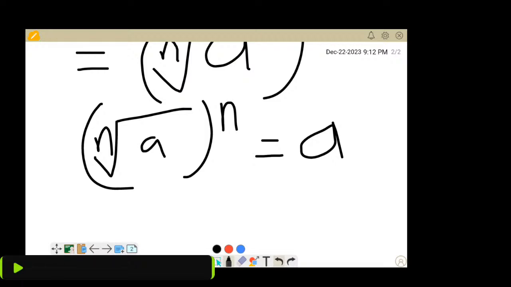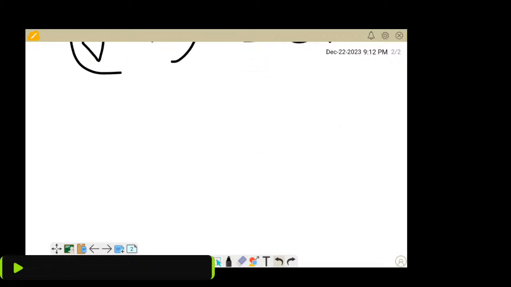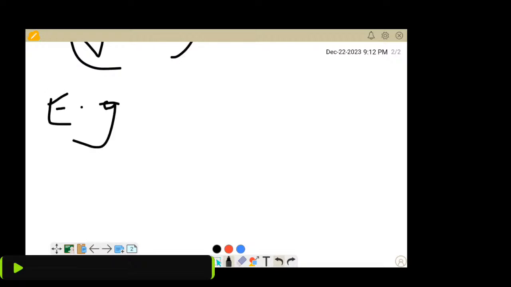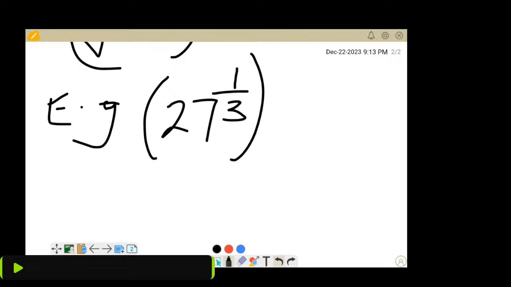And when you have something like this, you can see an example here. We can have, in this case, 27 raised to power 1 over 3, all raised to power 2, and you can easily rewrite this as 27 raised to power 2 over 3.